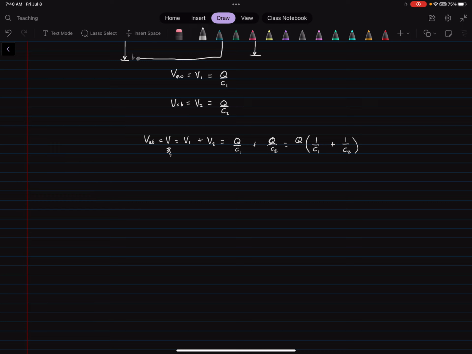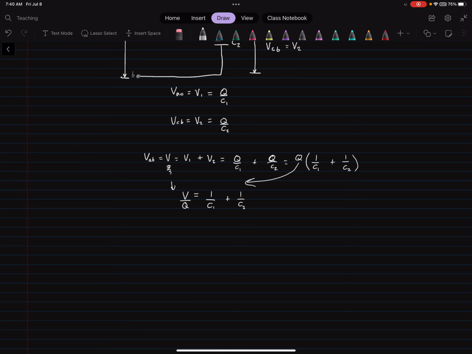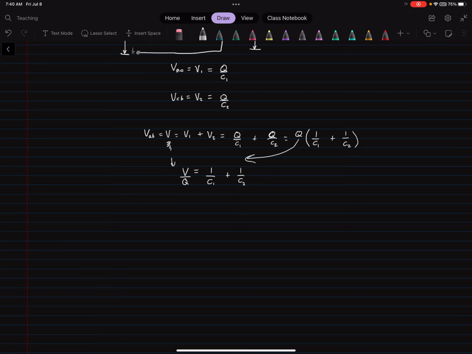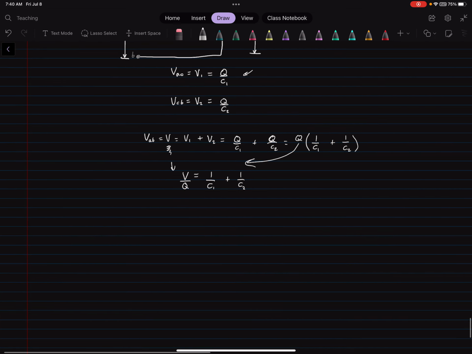If we're really solving for this total V, I'm going to write it down here. I'm going to bring this Q over and say V over Q is equal to 1 over C1 plus 1 over C2. That's just if we had 2 capacitors in series. If we had 3, then it would also include 1 over C3 and so on. And V over Q is equal to 1 over the equivalent capacitance, looking back at the expressions we have up here.